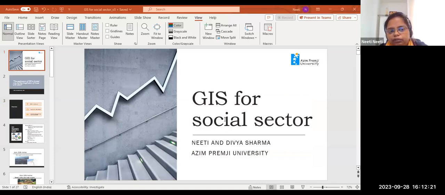Geographic, where, the locations. Information, what are the different attributes about the location which are important for studying. And another component is when. That means if we want to understand how it is changing, then that will come under information. And then the last part is system, which includes hardware, software, different data models, and definitely the people who will be using GIS.